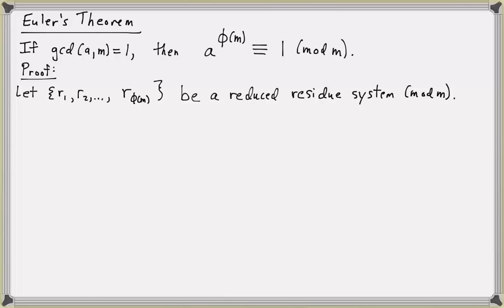So I claim that since a is relatively prime to m, if I multiply each of these R's by a, then I still have a reduced residue system.